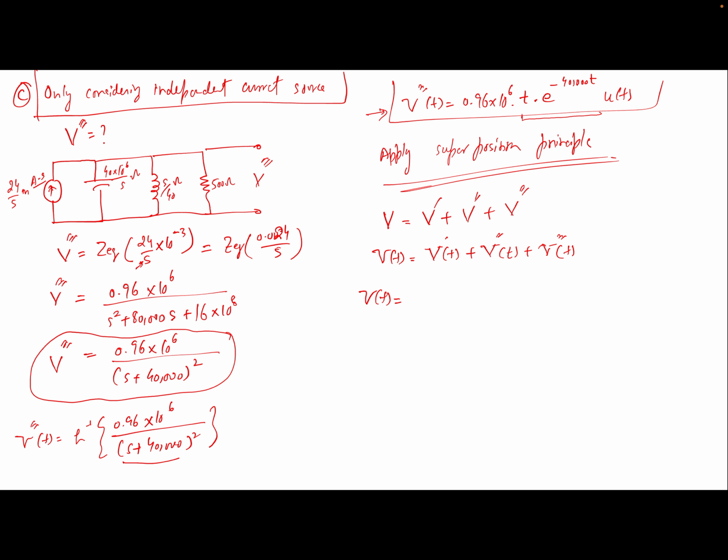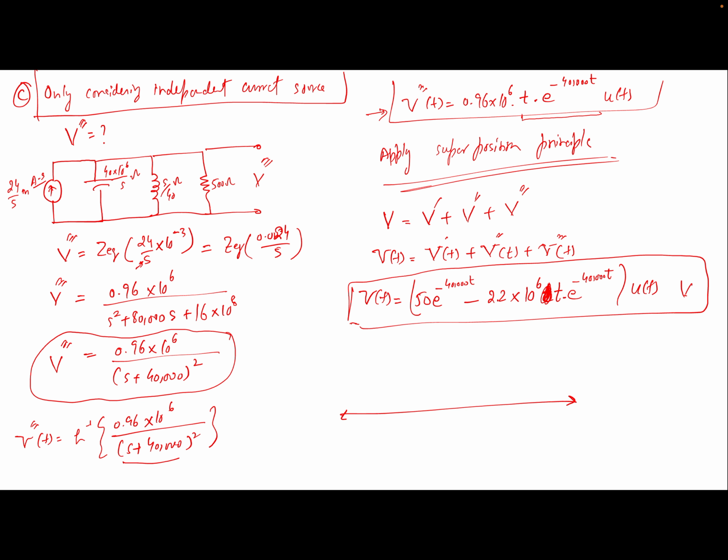Okay, so once I combine all of that, I'm going to get 50,000 e raised to the power minus 40,000 t, and all the t e raised to the power minus 40,000 t terms combined should give me 2.2 times 10 to the 6 t e raised to the power minus 40,000 t and step function. And again, the unit is volts. Don't forget the units. Sometimes I do.